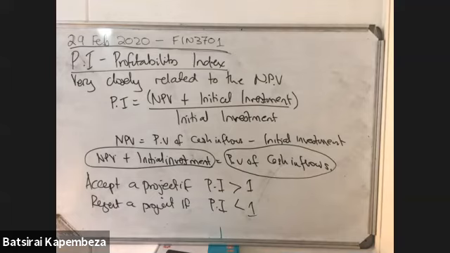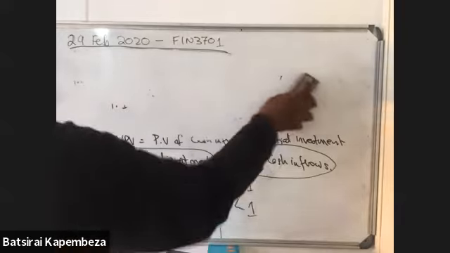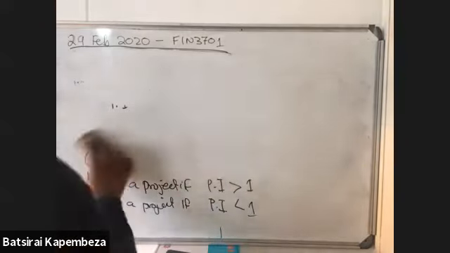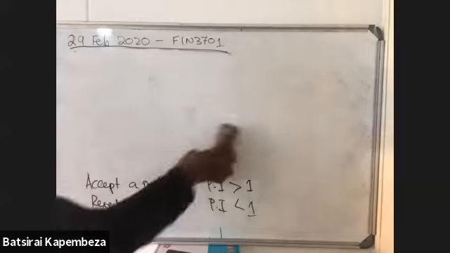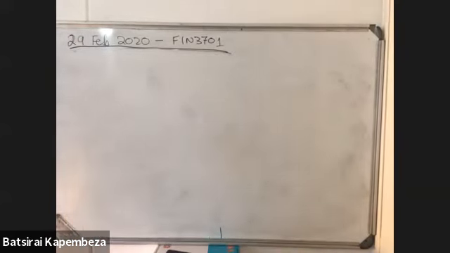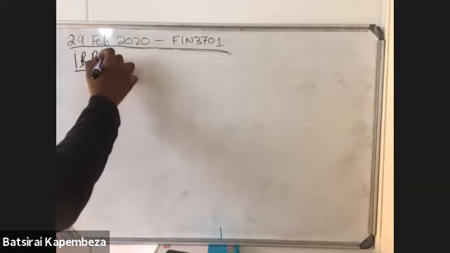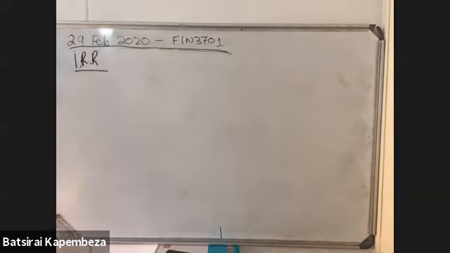The last basic capital budgeting technique you need to know about is the internal rate of return, also known as the IRR.